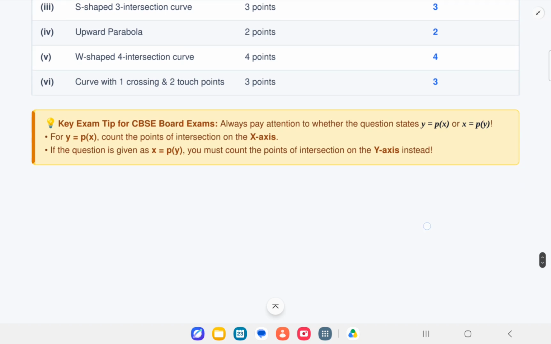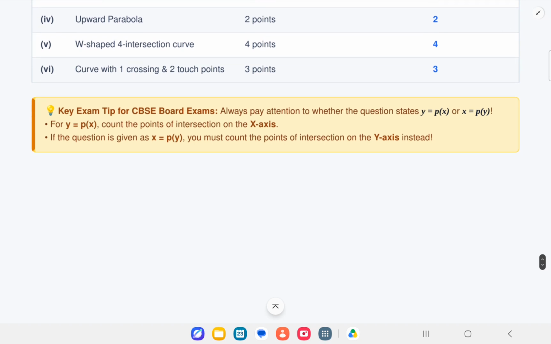So in the end, key exam tip for CBSE Board Exam: always pay attention to whether the question is stated as y equals p(x) or x equals p(y). Okay, you need to pay attention to these two equations.